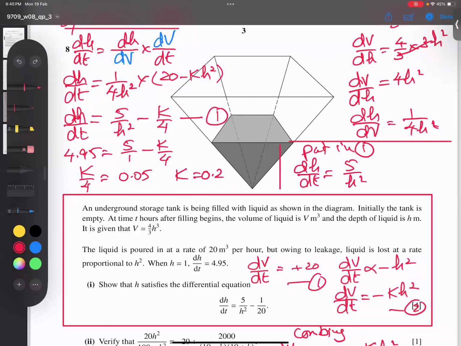If you type 0.2 by 4 in the calculator, 0.2 is actually 1 by 5. When I copy 1 by 5 here, 5 fours are 20. So Alhamdulillah, I have done the proof, the job is done, and the question is completely over. This was a little bit hard, but I hope you got the point. Let's go for the next one.